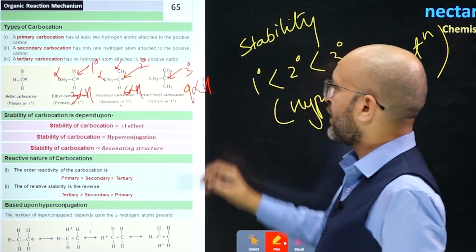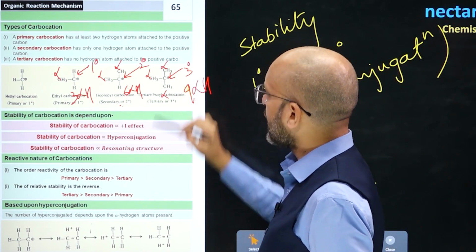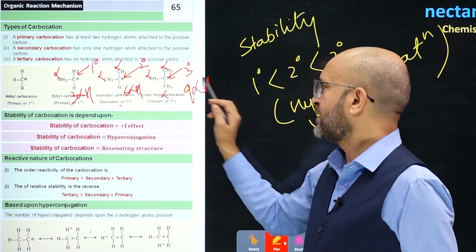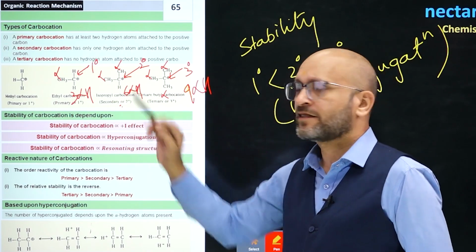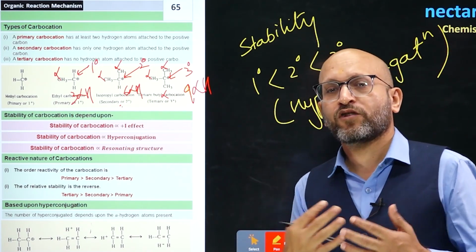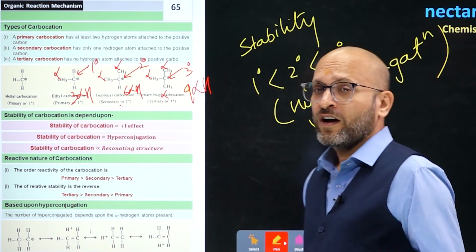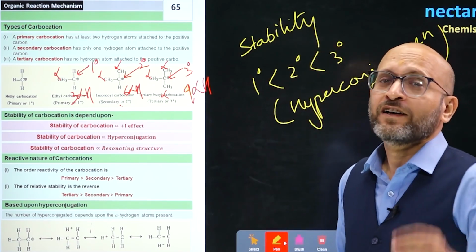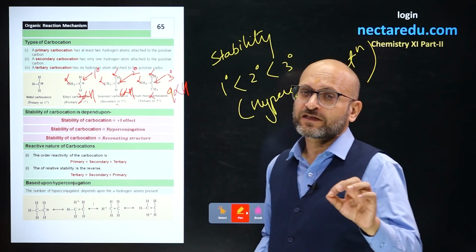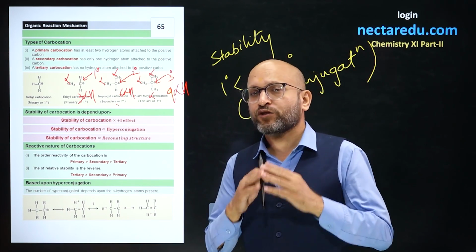This carbon is alpha, and the hydrogen present on it is known as alpha hydrogen. So 3, 3, 3 makes 9 alpha hydrogens, then 6 and 3. The more the number of alpha hydrogens, the more the hyperconjugation, the more the stability. That is how it is defined. So if anybody asks you why tertiary carbocation is more stable, you have to say tertiary has 9 alpha hydrogens, which means it has maximum hyperconjugation, because of that it is most stable.